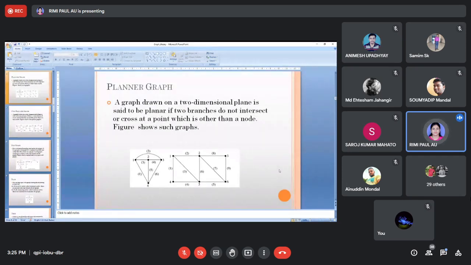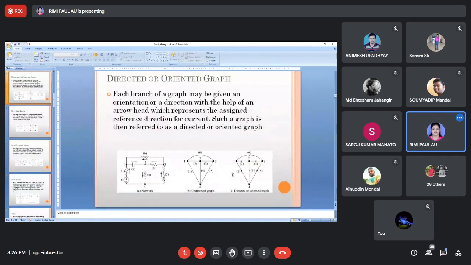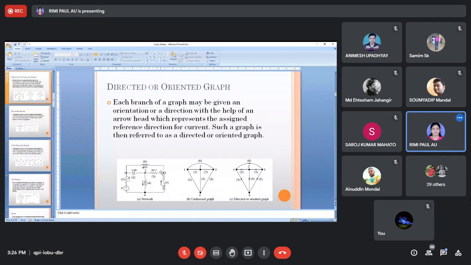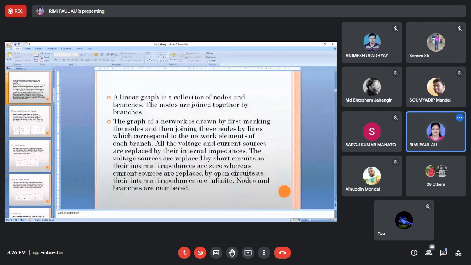You can see that two branches do not intersect. No branches intersect, so this is the planar graph. This is a directed graph because orientations are given. This is the directed graph. This is the undirected graph. And this is the circuit, from which you have to draw a graph. And the linear graph definition.